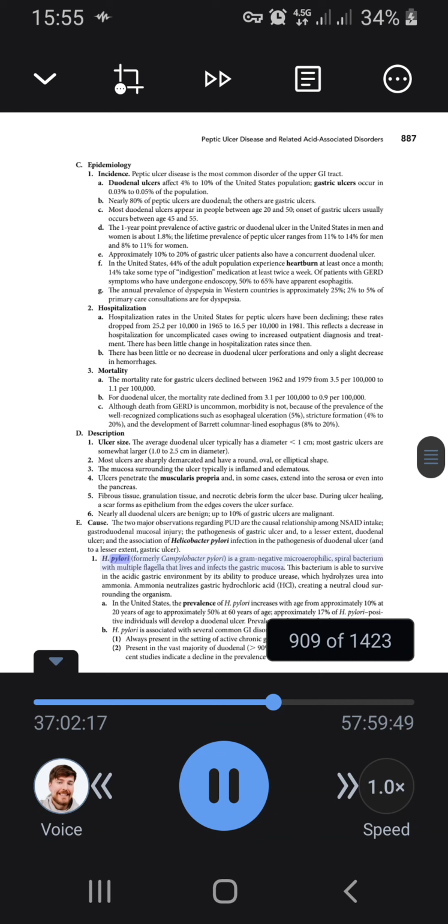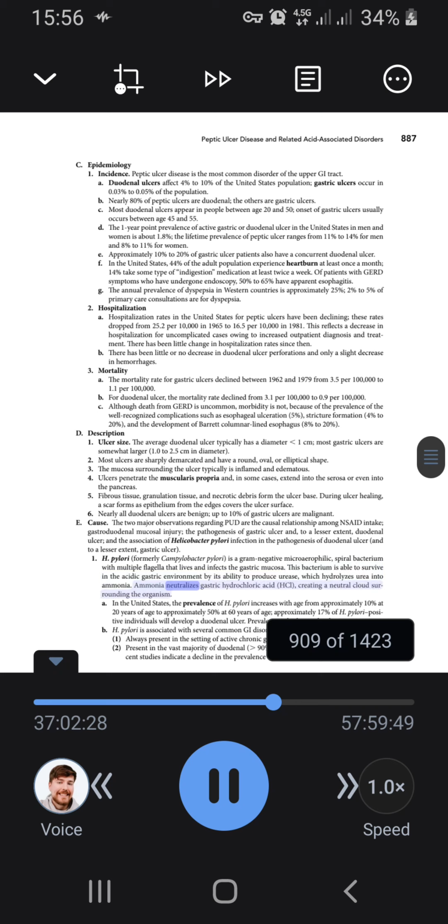1. H. pylori, formerly Campylobacter pylori, is a gram-negative microaerophilic, spiral bacterium with multiple flagella that lives and infects the gastric mucosa. This bacterium is able to survive in the acidic gastric environment by its ability to produce urease, which hydrolyzes urea into ammonia.